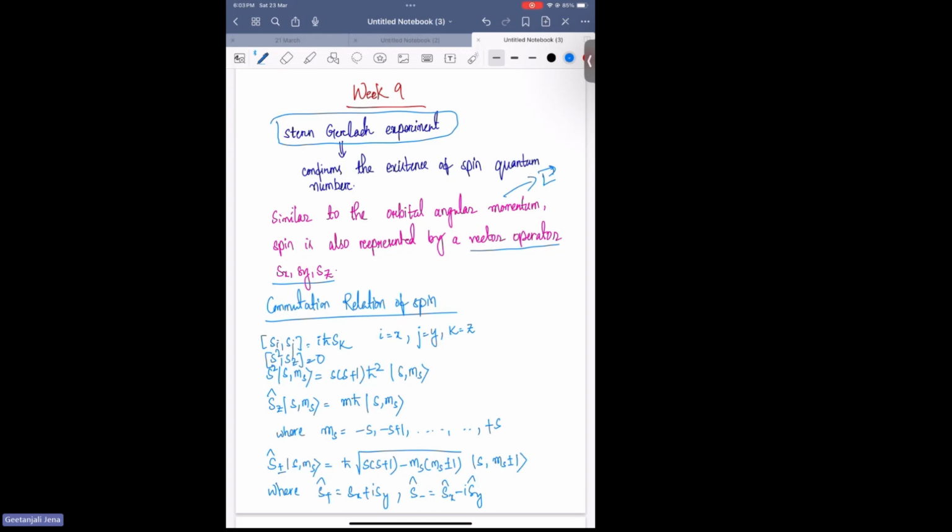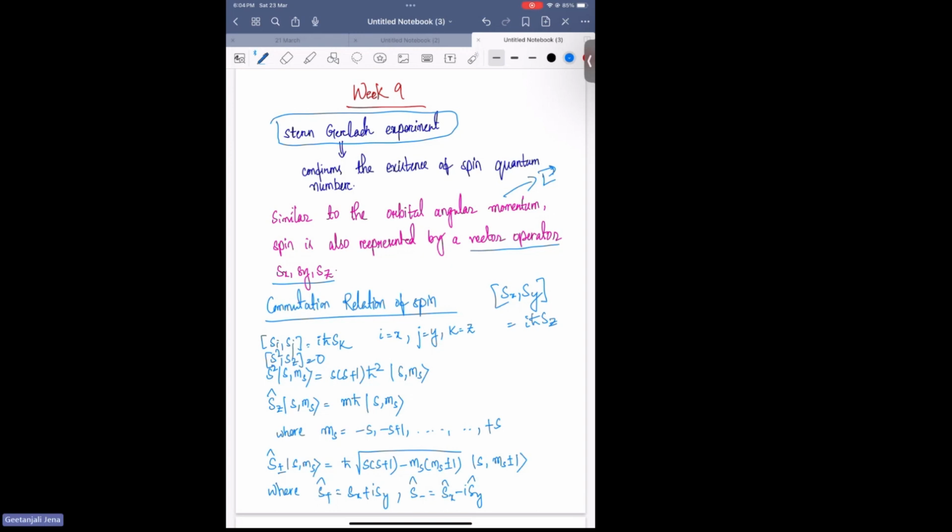Similar to the commutation relation that we have seen in the orbital angular momentum case, for spin we also see a similar kind of commutation relation. If we have the x component of spin and the y component of spin, then the commutation relation of Sx and Sy is given by i h-bar Sz.